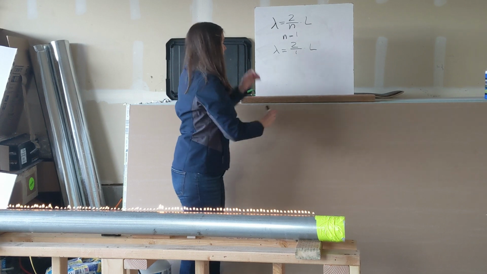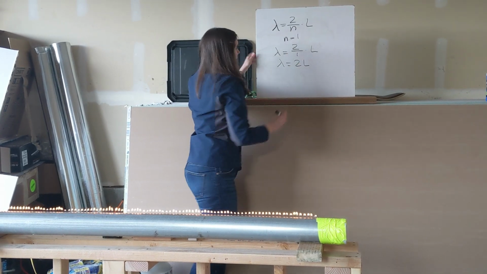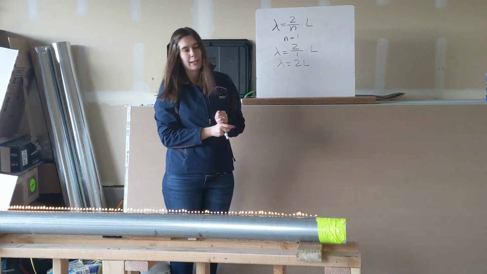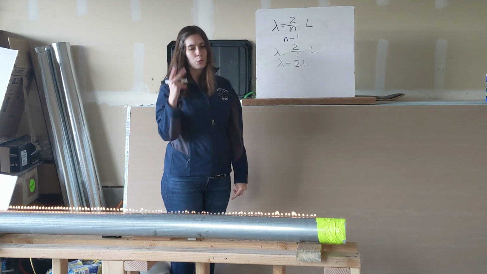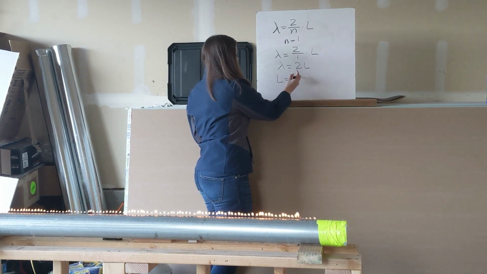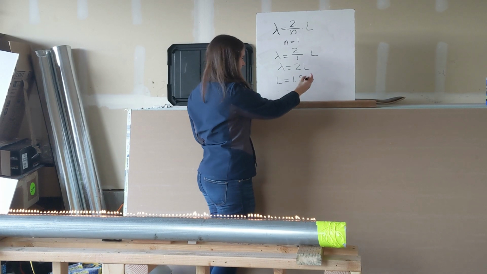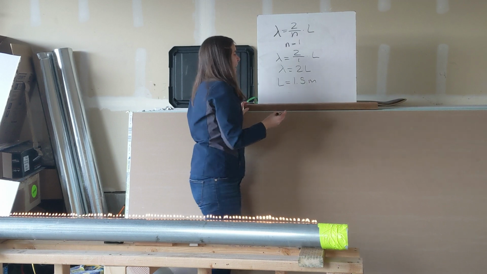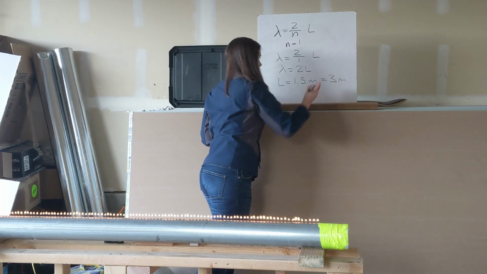And as you can probably see, we are going to then get 2L. So the wavelength that we want to get as our harmonic frequency needs to be 2 of these. And we happen to know that the length of the Rubens tube is 1.5 meters approximately. And so we're going to need to multiply that by 2, and we get about 3 meters.